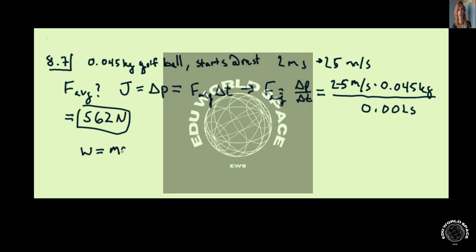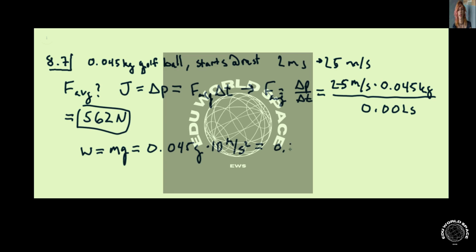On the surface of the Earth, it's just equal to its mass times the standard acceleration of gravity. And so this is our 45 grams times, let's call it 10, because that'll be close enough, meters per second squared.